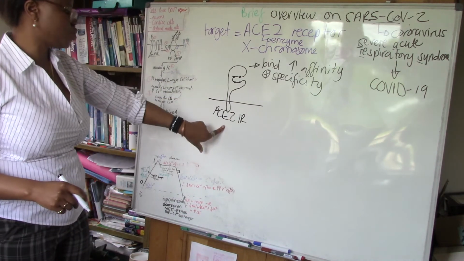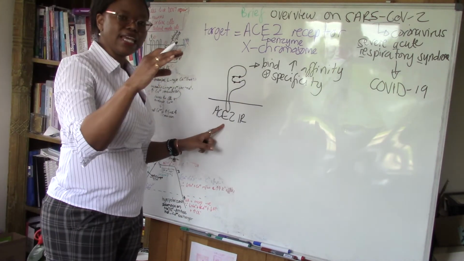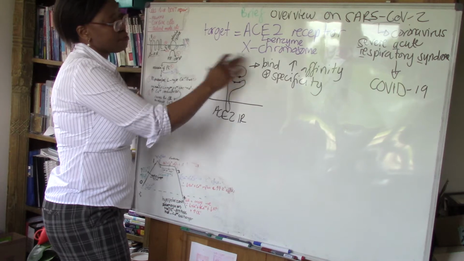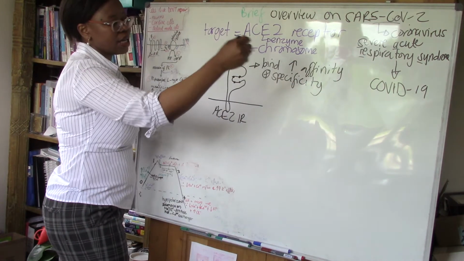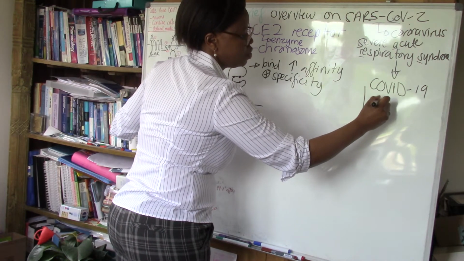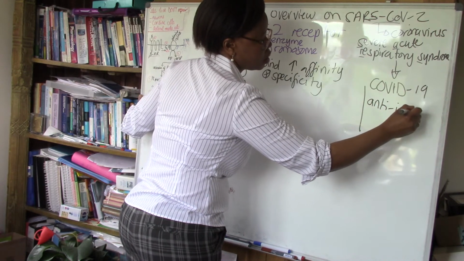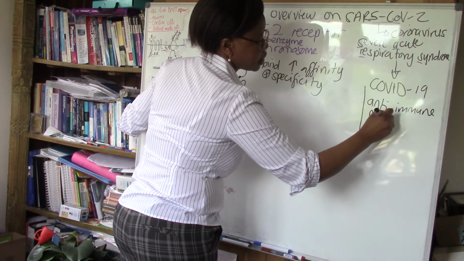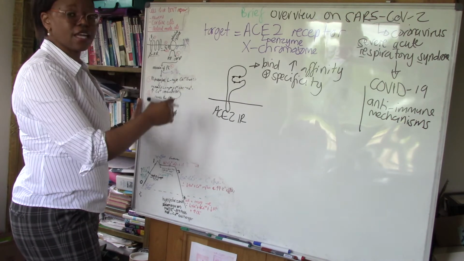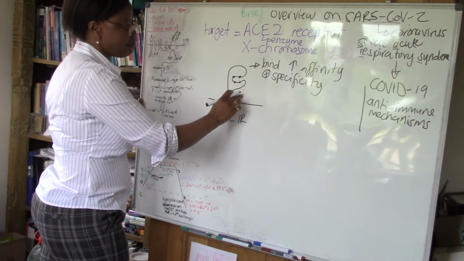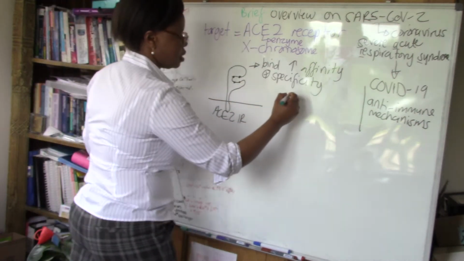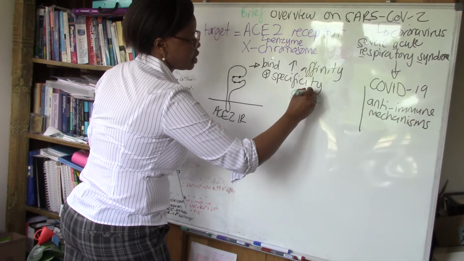And once it is bound to the ACE2 receptor, it then needs other enzymes of the human body, because although the virus does encode its own anti-immune mechanisms and defenses, it actually needs the human body in order to infect. And it infects the human body by using serine proteases, which are enzymes.